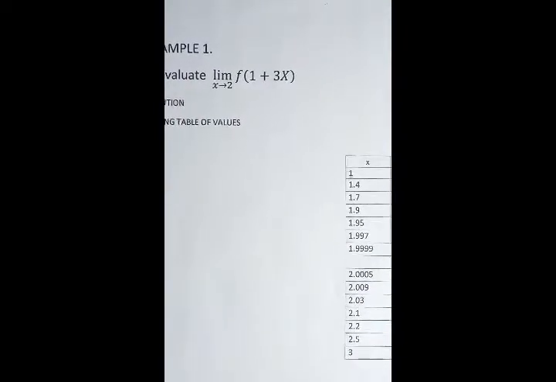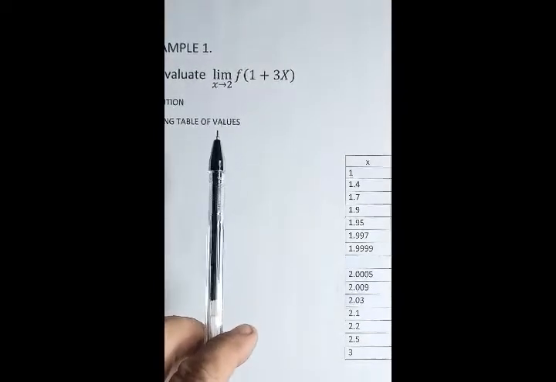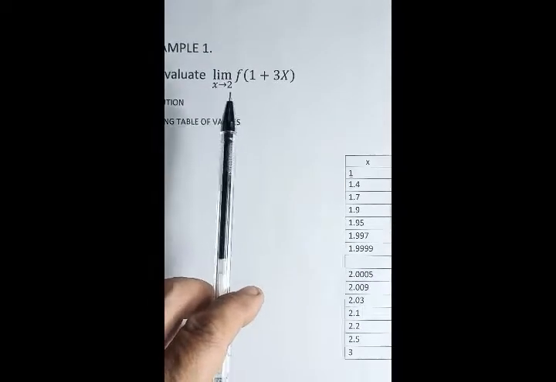Okay. So we create a table where x is approaching 2, either less than or greater than 2. So in the table we made, we go from 1 toward 2. If you will notice, our values of x increase from 1 toward 1.4, 1.7, 1.9 and so on, 1.99. So it approaches 2 because our x is approaching 2.